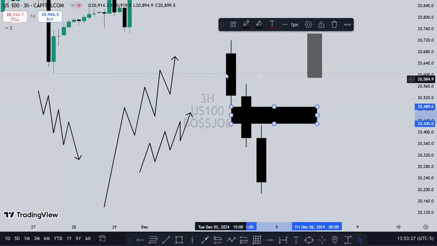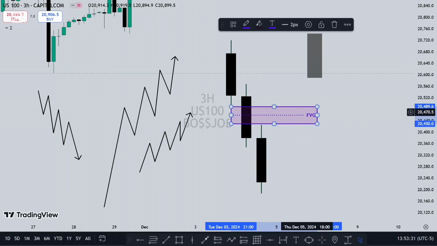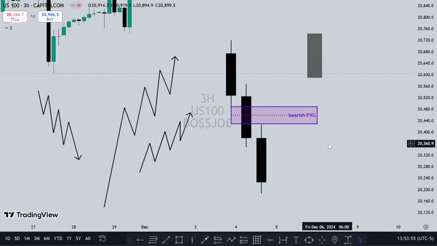But because it's a downtrend, down candle, we call this one specifically bearish fair value gap. You understand? So this is an example of a bearish fair value gap.